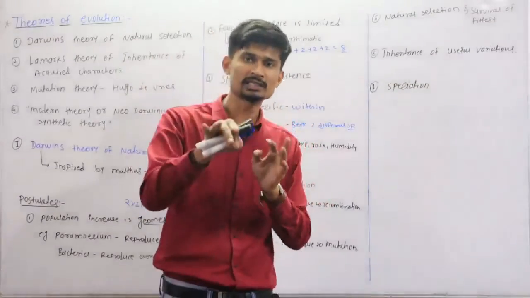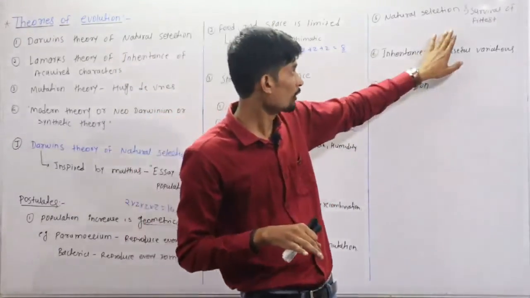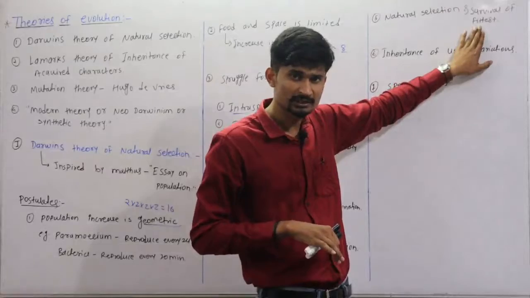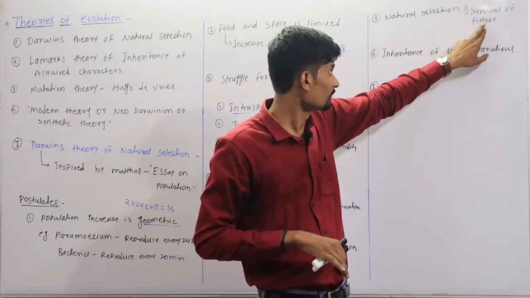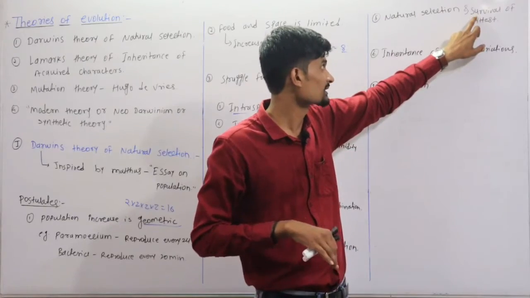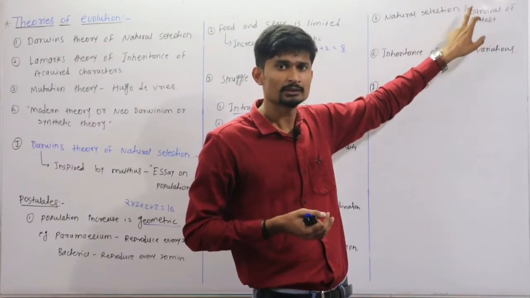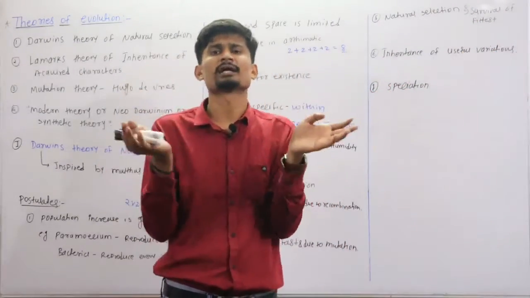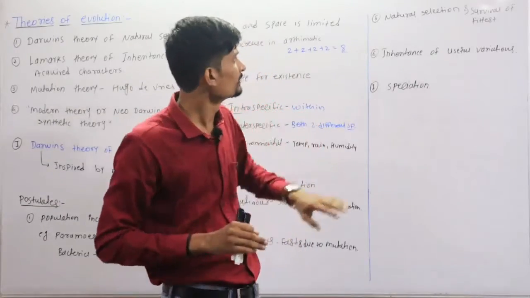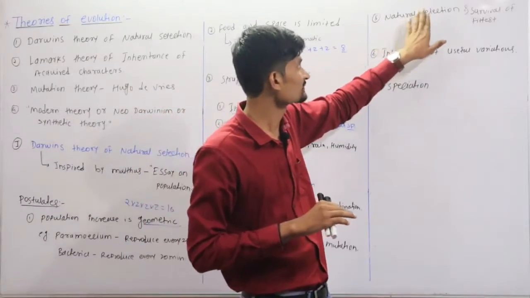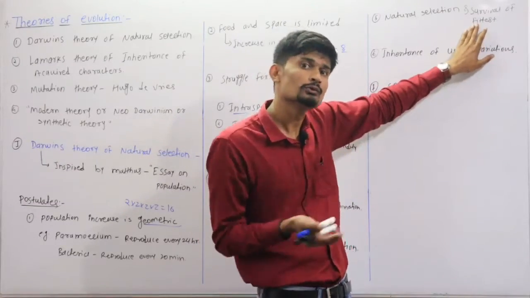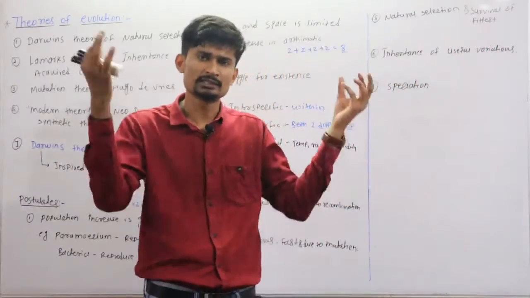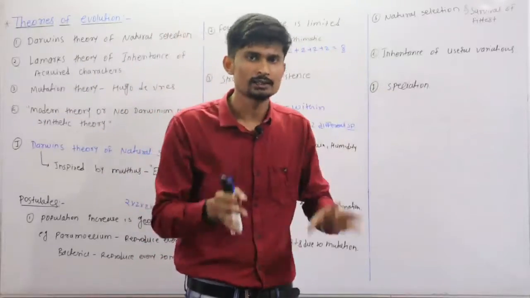Natural selection is done on the basis of the fittest, and survival of the fittest means those are fit which can survive. Nature selects only the fittest, and those who are fit are selected by nature. That is why these two things are interdependent.